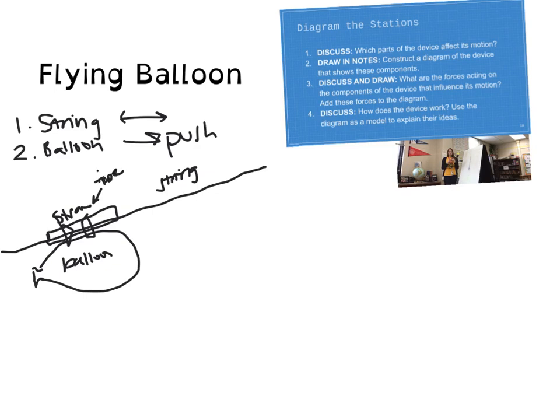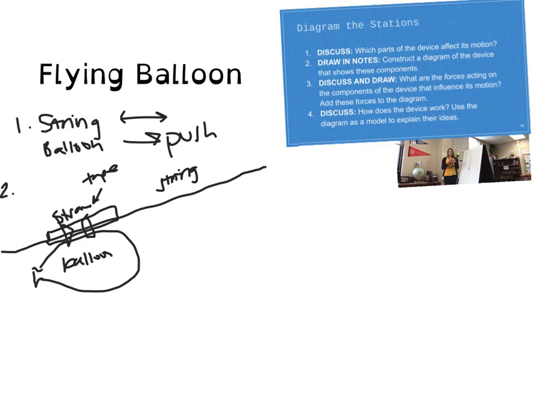I know the writing is not great on here. I am in the works of getting one of those little styluses, not the fancy expensive ones, the cheap ones. All right, so we've done the discuss, number 1. We've done the number 2, drawing the diagram.